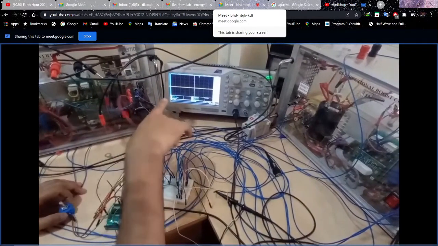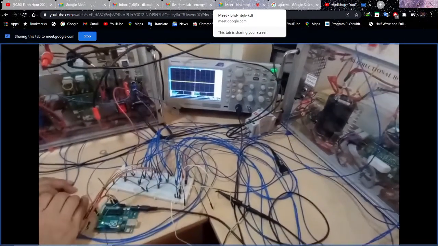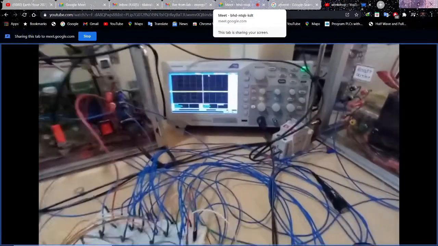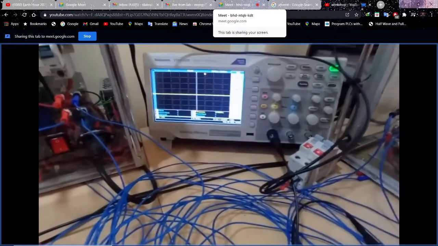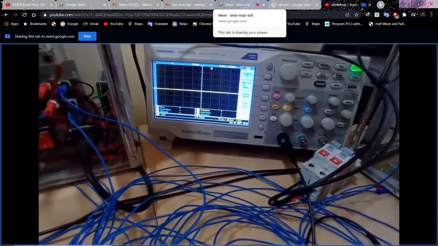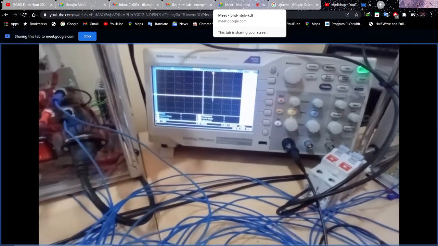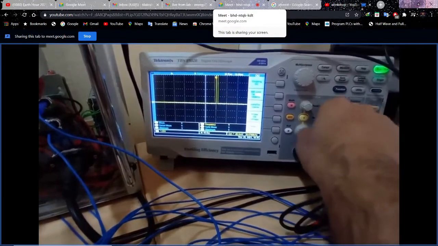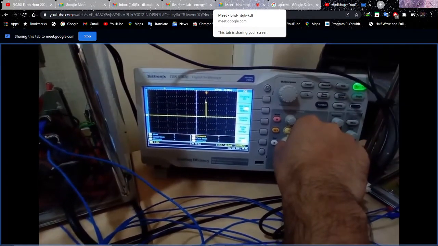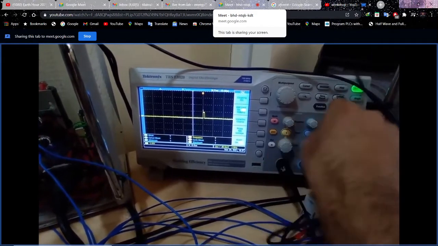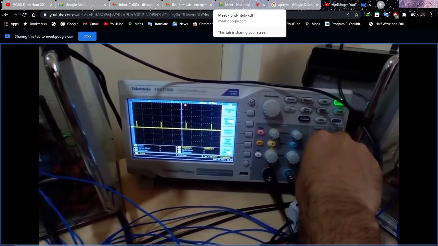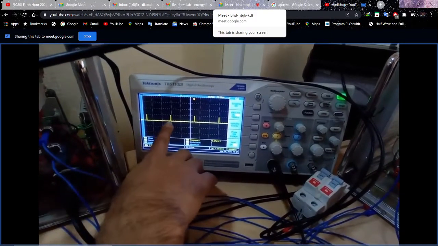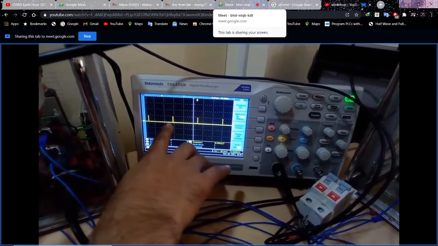Now on the DSO we can see the pulses which are generated from this control board. Here you can see that we are controlling the duty cycle. This is the total time period from this point to this point.